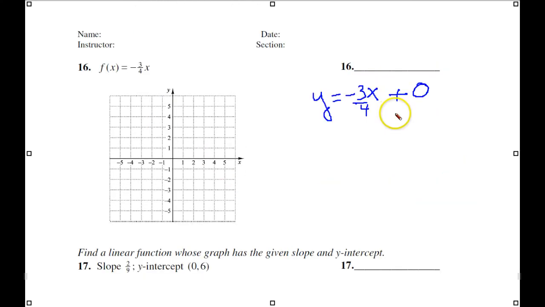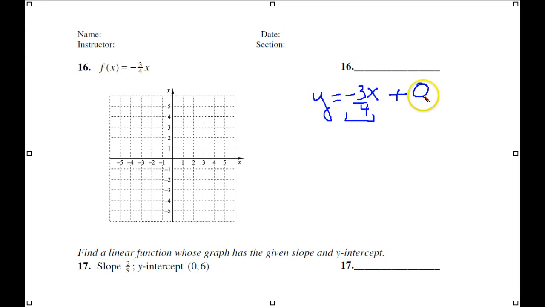Now, as we look at example 16, and remember we can always substitute a y for the function notation, we see that our slope is a negative 3/4. But there isn't anything in what the B position would be.